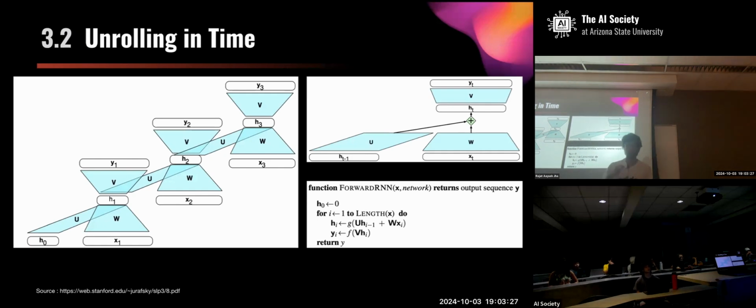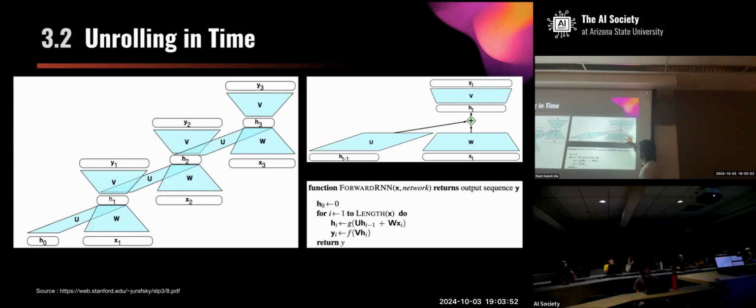Giving the example of next token prediction, "my name is dash": if you want to predict the last token yt, ht minus 1 will contain all the information up to "my name is". For example, if y3 is the token you want to predict, ht minus 1 will contain all the information up to this point.